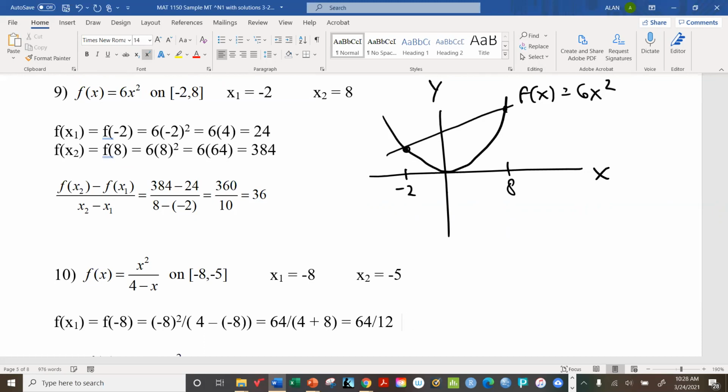Although if you want to, you could reduce that to 32 over 6, and that can further be reduced to 16 thirds. Okay, f of x2, 4 minus 5, 25 over 4 plus 5 equals 25 over 9.